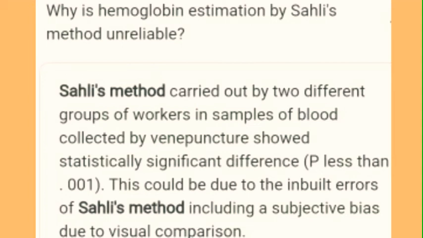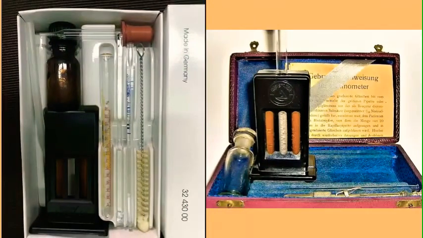This could be due to the inbuilt error of Sahli's method, including a subjective bias due to visual comparison, because visual perception differs from person to person, so this variation occurs.